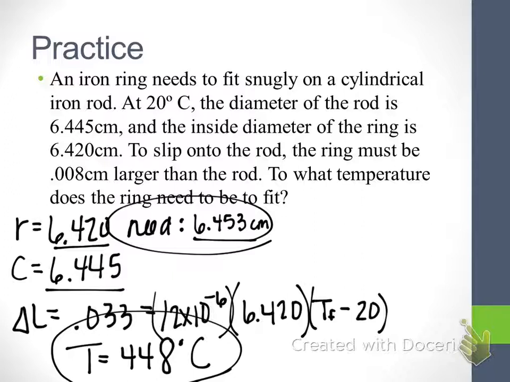We're going to take 0.033 divided by the coefficient and divided by 6.420. Then we add 20 to that.